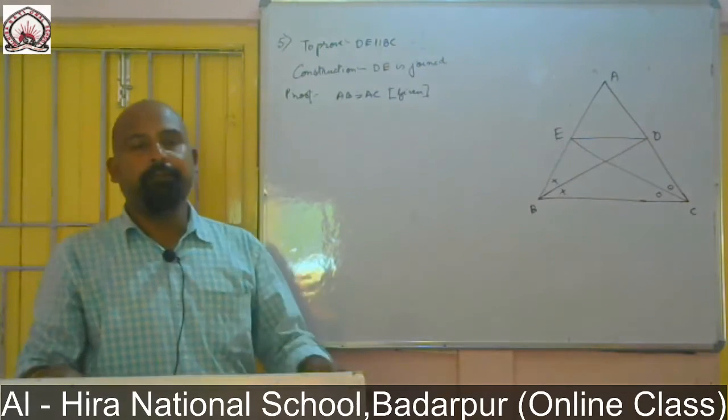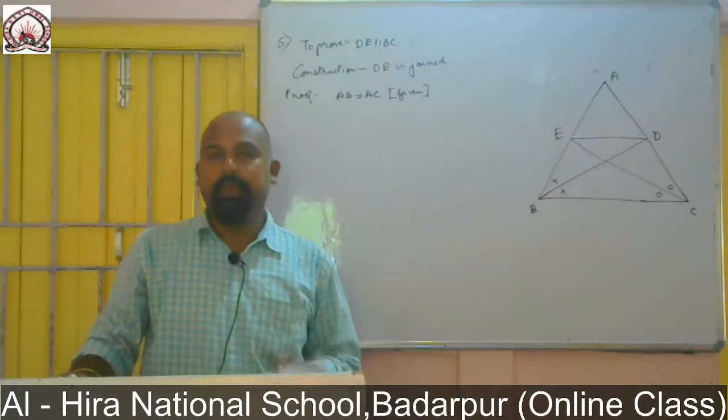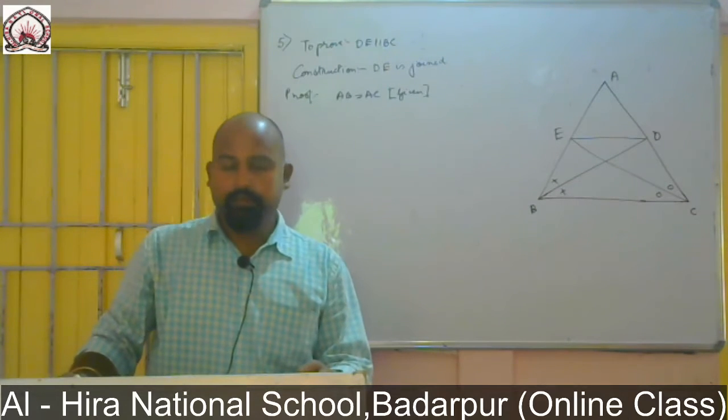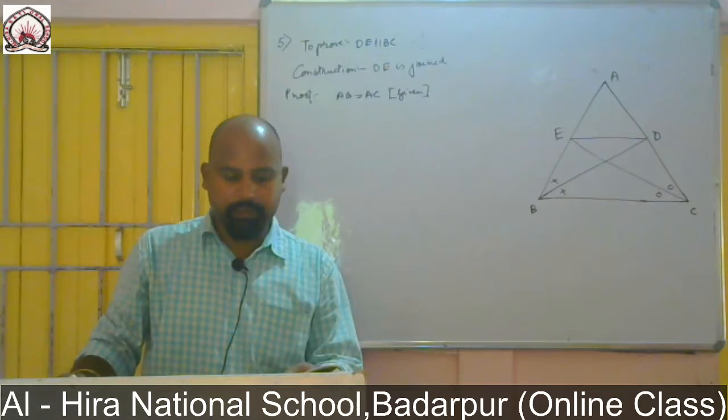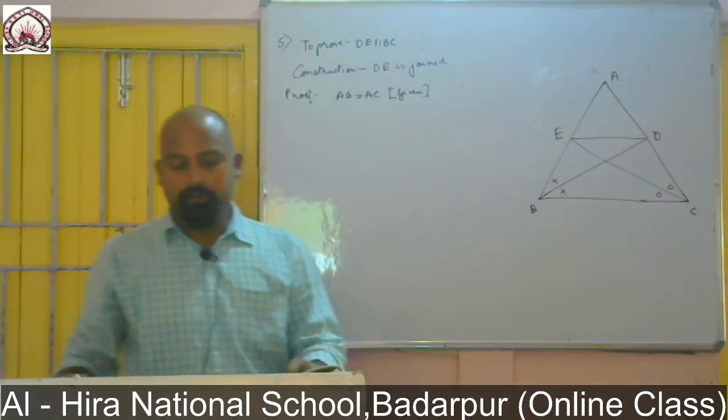Now, since ABC is an isosceles triangle, and the bisectors of angle B and angle C meet the opposite sides at D and E respectively, so what?